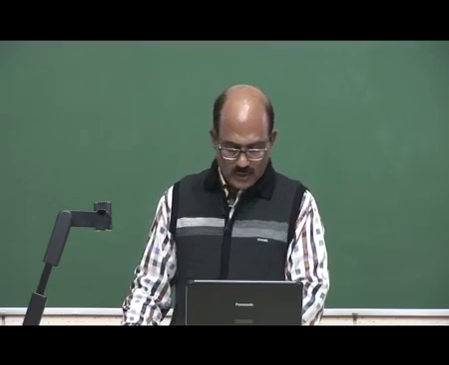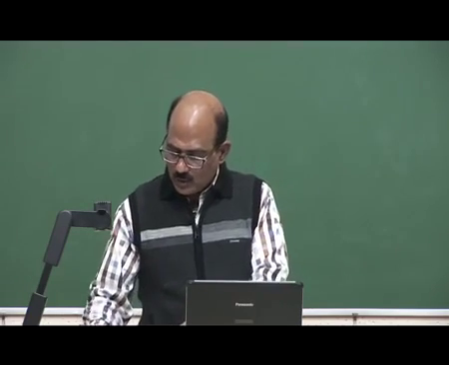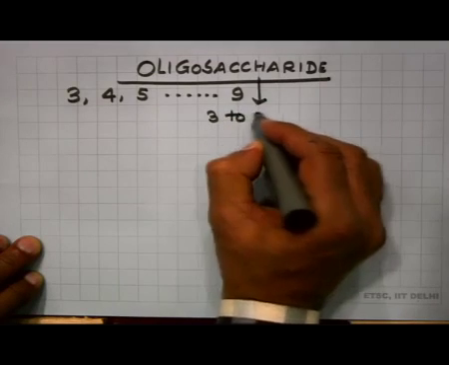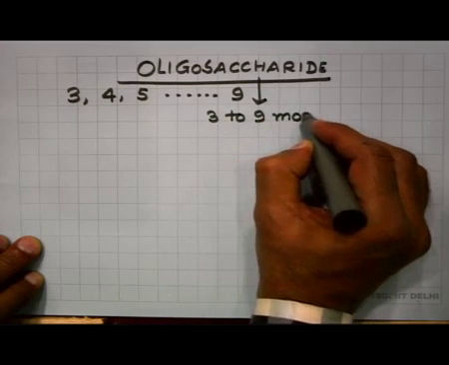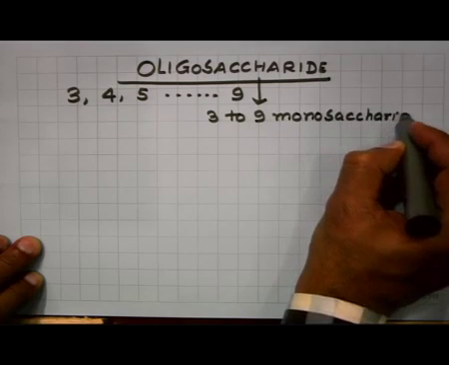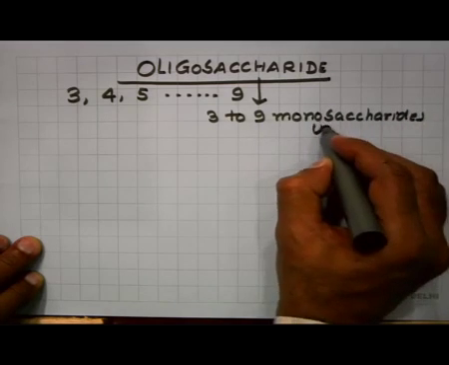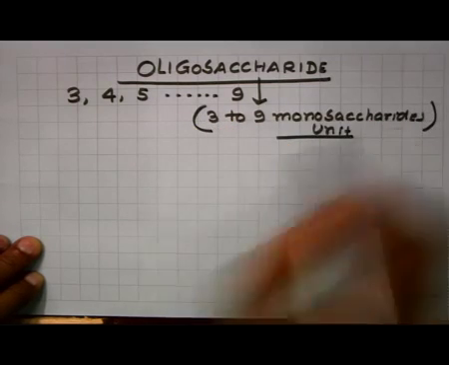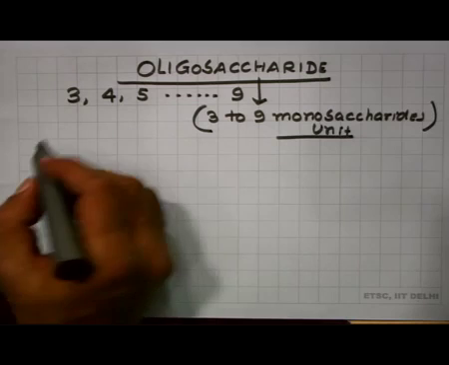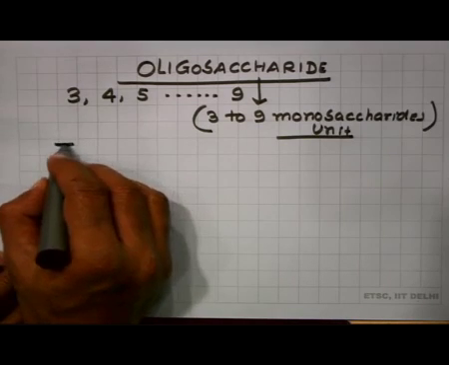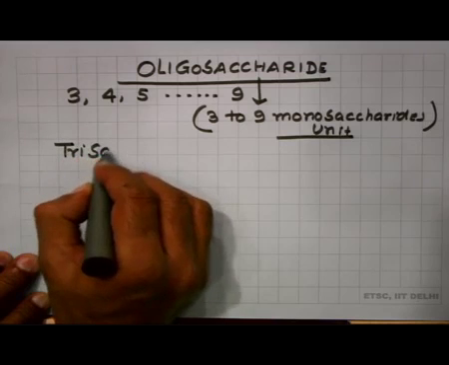Mainly the oligosaccharide contains 3 to 9 monosaccharide units. When it contains 3 monosaccharides, that is called a trisaccharide.